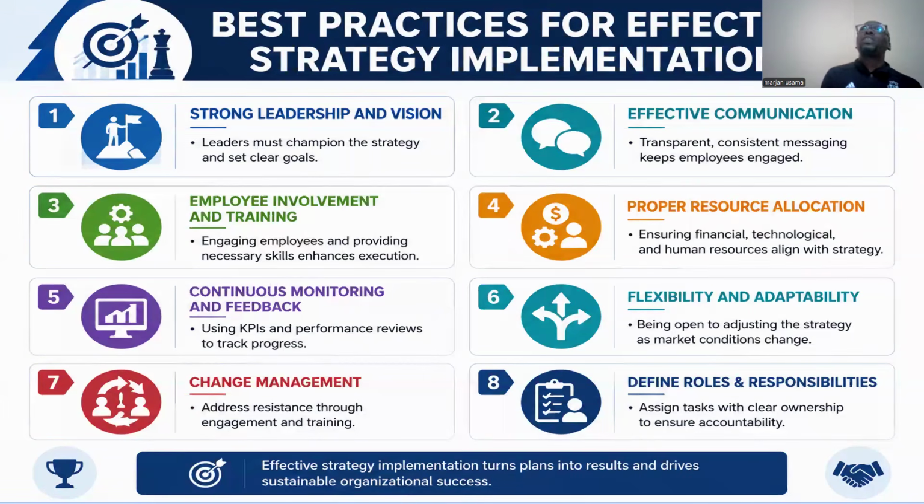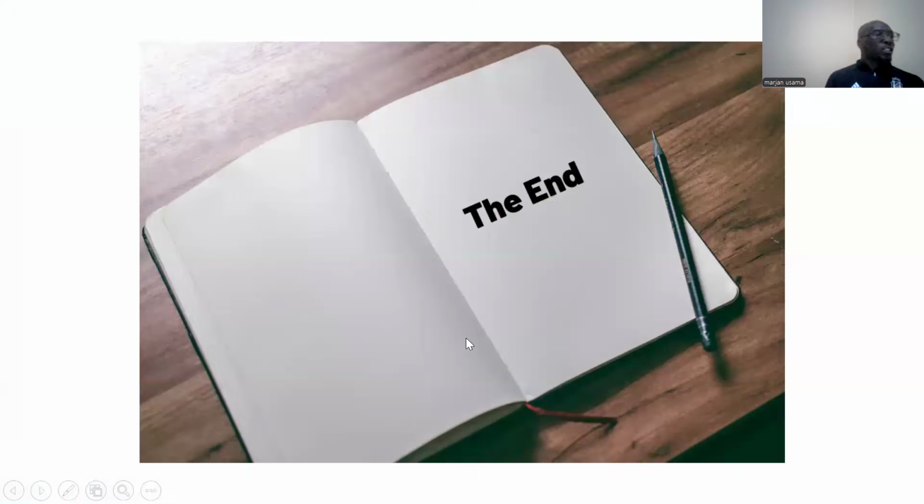And this will help us when it comes to al-muhasaba, as we said earlier, accountability. So khulasatul qawl, effective strategy implementation turns plans into results and drives sustainable organizational success. So that is the end of our lesson today.